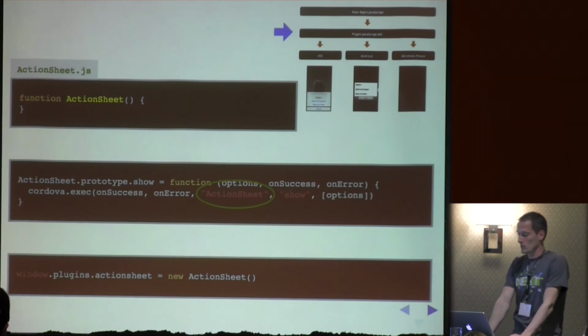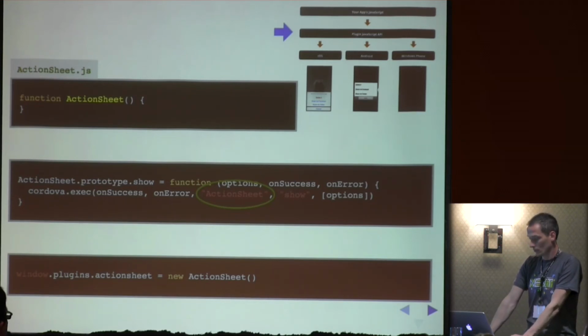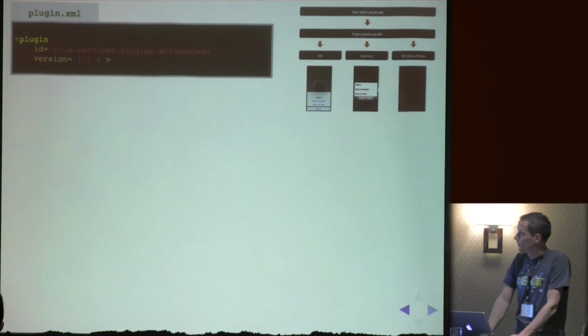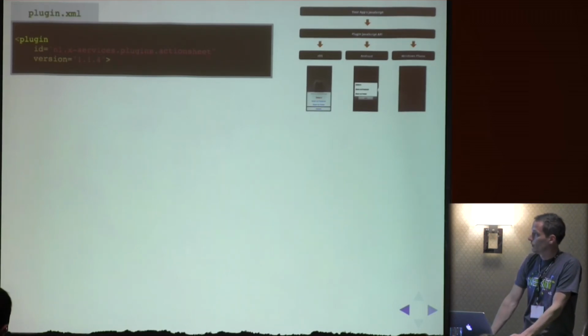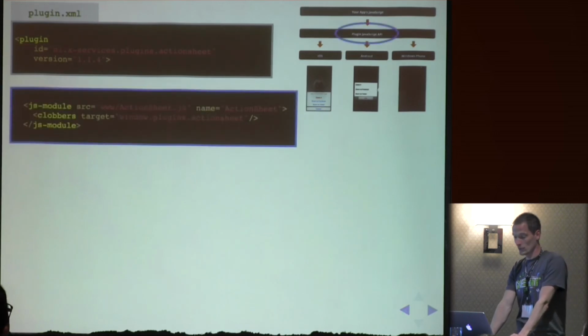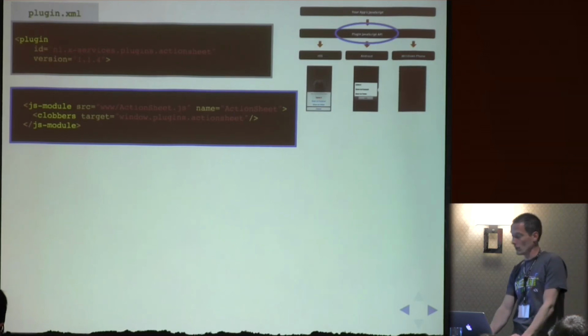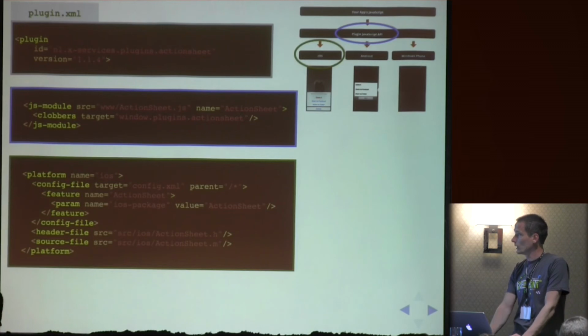So how is this ActionSheet thing wired to the native code? Well, that's where plugin.xml comes in. Plugin.xml has an ID and a version. This ID is, well, you better keep it stable. It will come in handy for users. And there's this JavaScript file you're wiring here, and there's the iOS configuration, and each platform has a block like this.